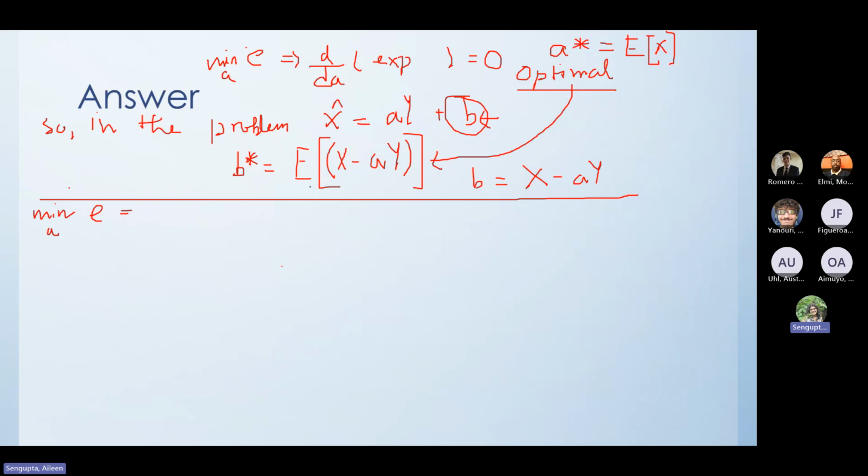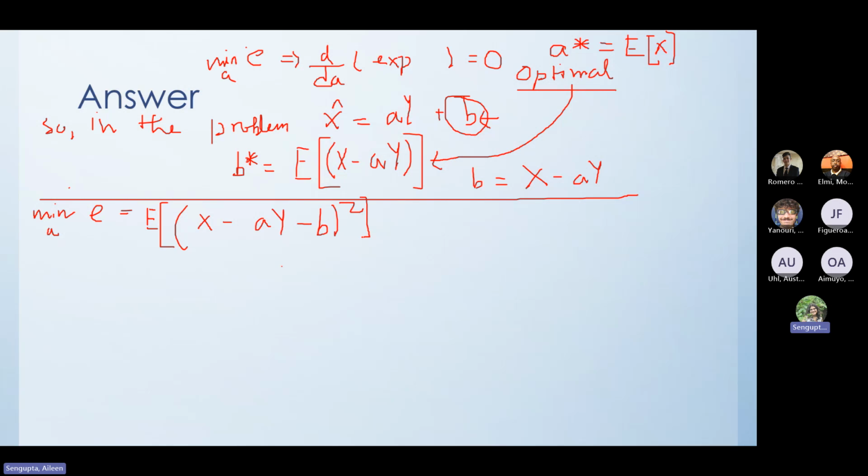So basically, if you expand on this one, you have expected value of X minus A expected value of Y. That's exactly what I'm going to do in order to find out the error signal with respect to A. I'm just mixing and matching things around. So we have expected value of X minus X hat. X hat is AY minus B. We have found out the value of B. So this was our expression, right?